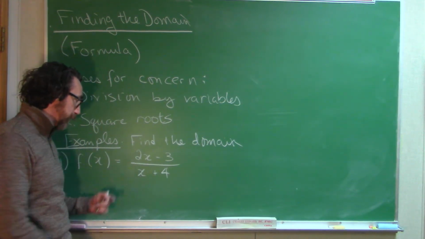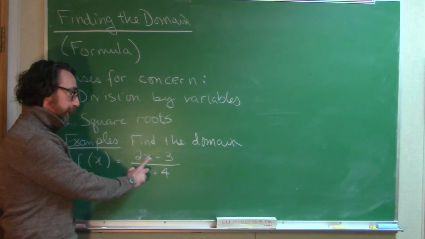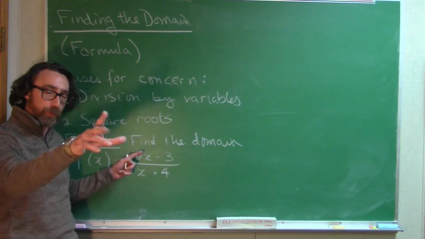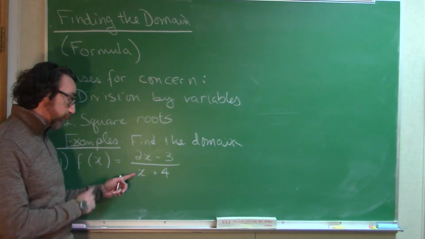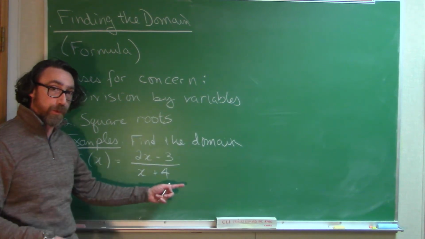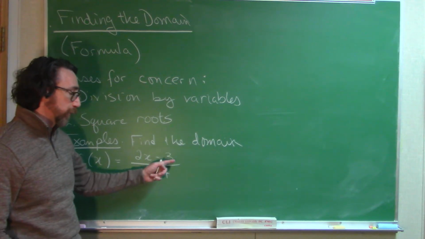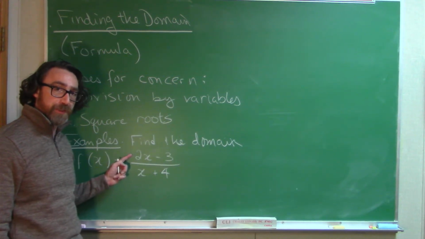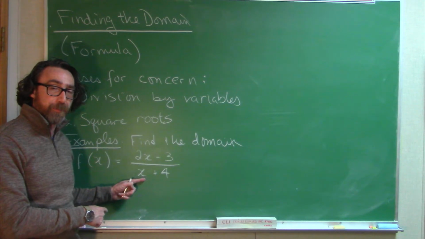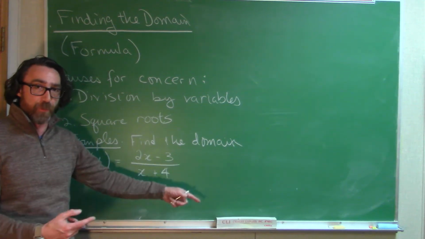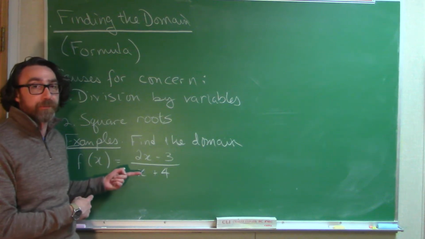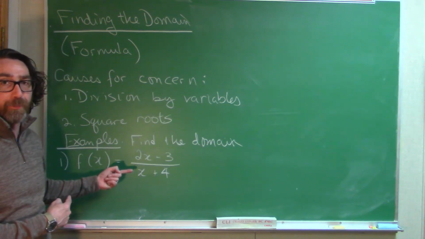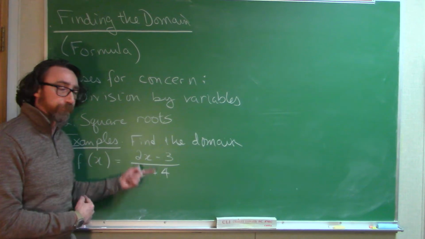The instructions say take the input x, multiply it by 2, and then subtract 3. Hold on to what you get there. Another step you have to do is take the input, whatever it is, and add 4. And then take what you got from the first process and divide by the result that you got from adding 4 to the input. So the last thing you would be doing to evaluate the output for this function is the division.